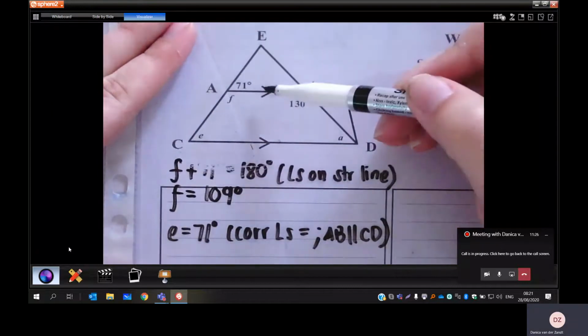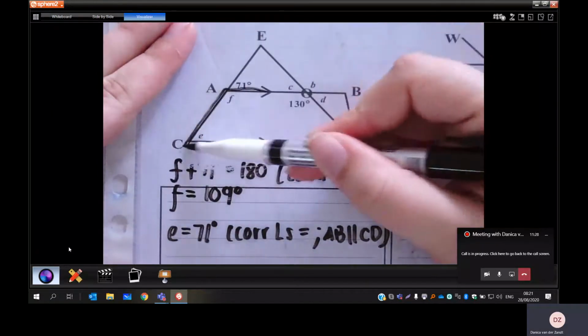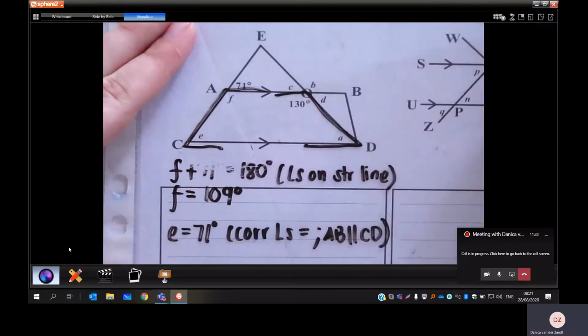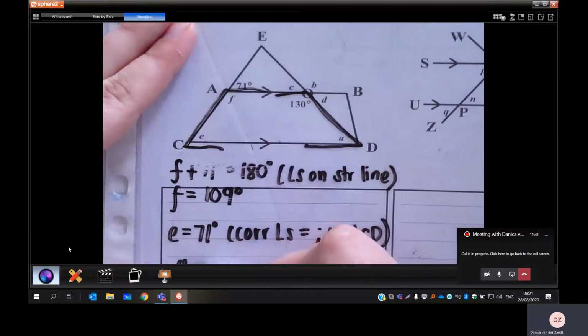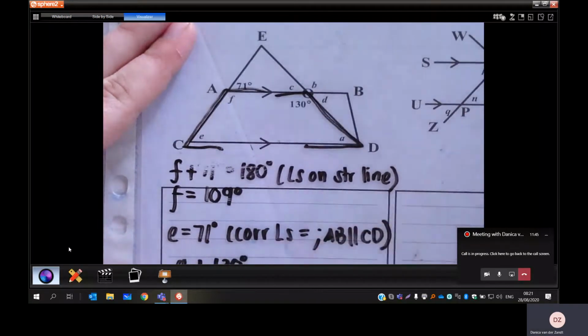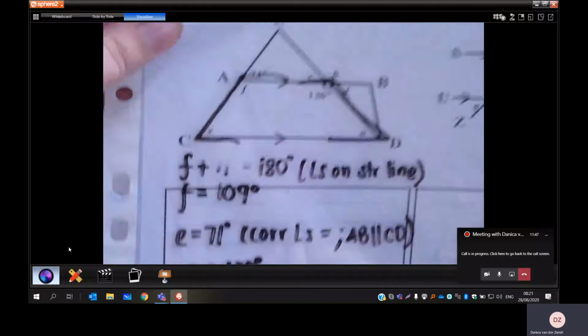So how come you could see the co-interior here easily, but you can't see the co-interior there? Remember, our Zs can be in any direction. So we would have A plus 130 equals what? 180.